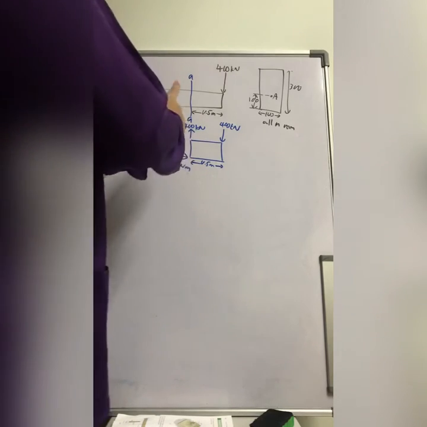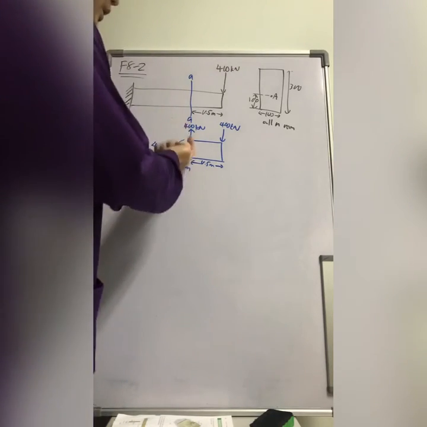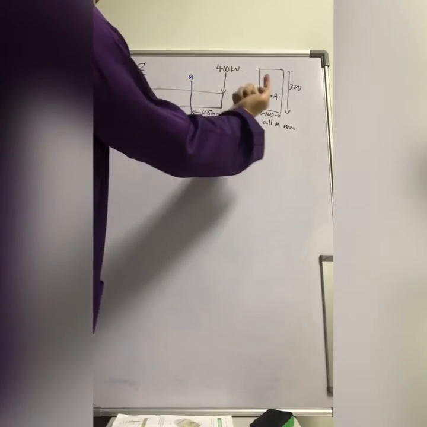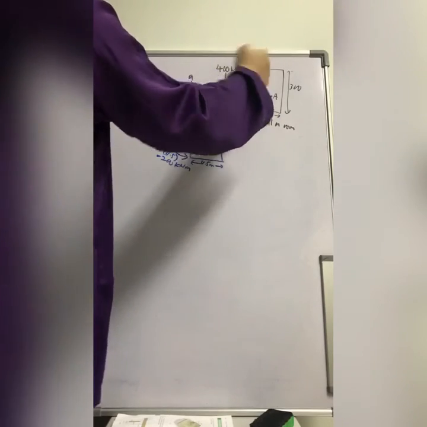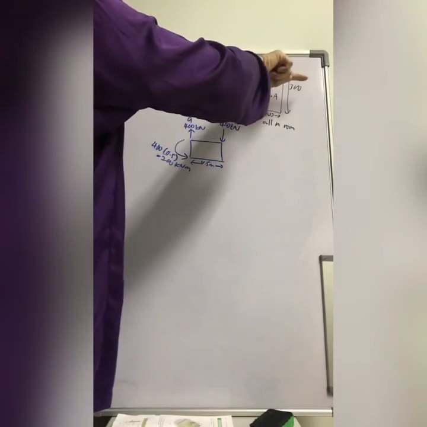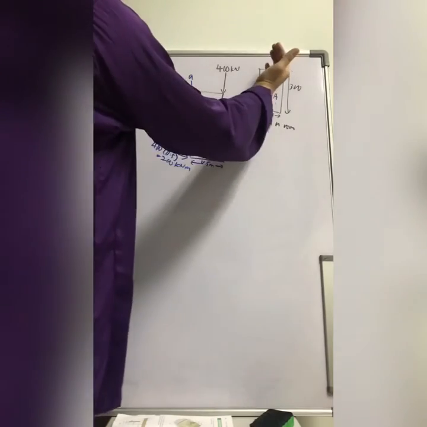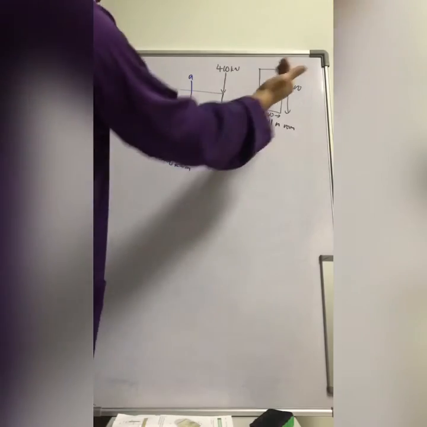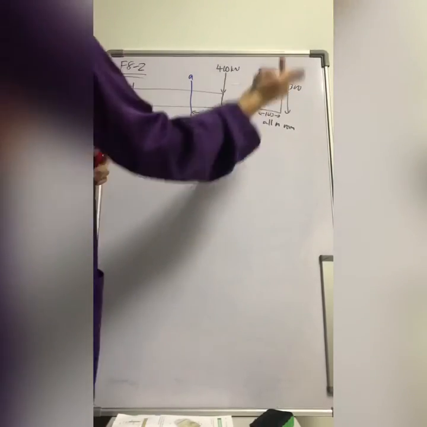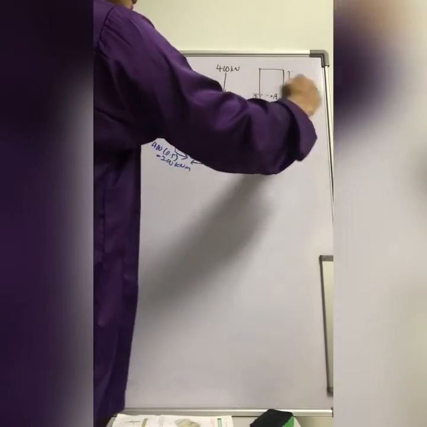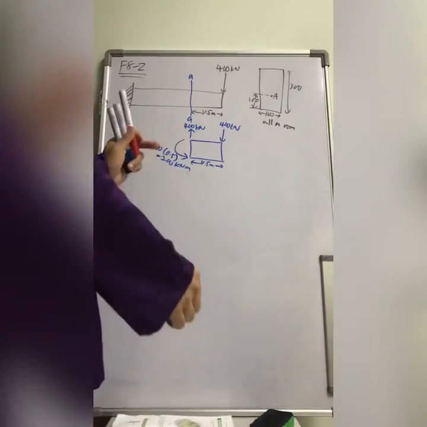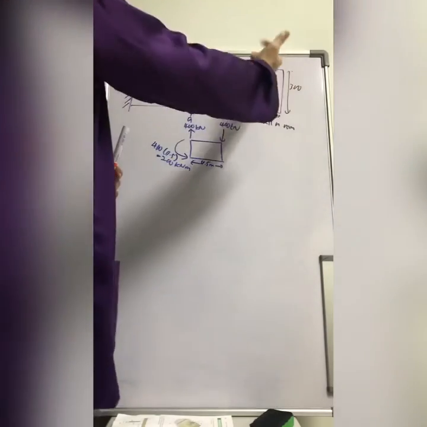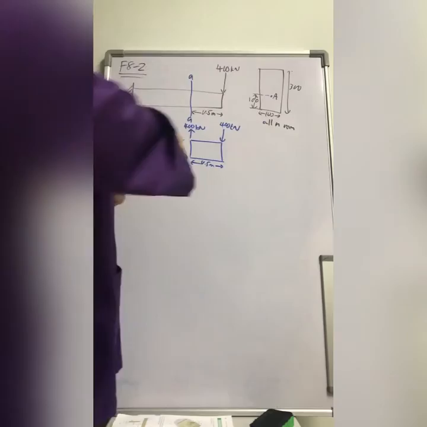For this 400 kilonewton going up, the axis is perpendicular to it. Same goes to M, which goes top tension, bottom compression. So V and M share the same neutral axis.